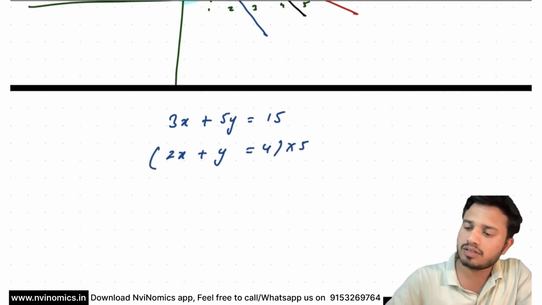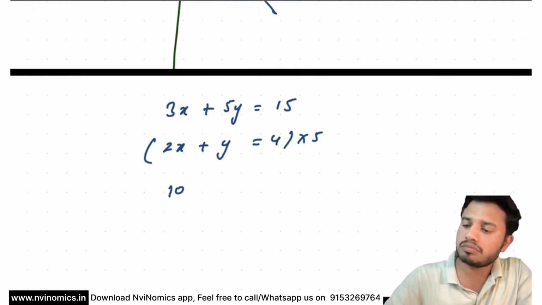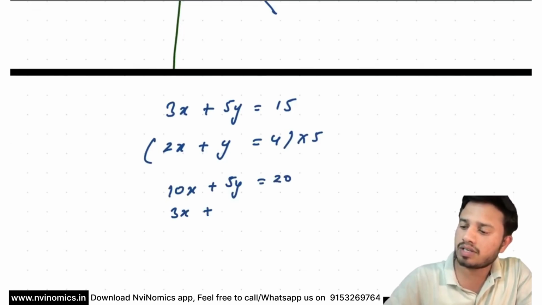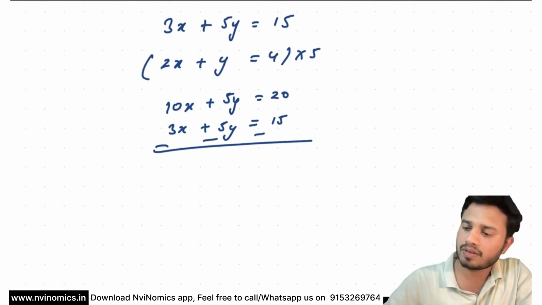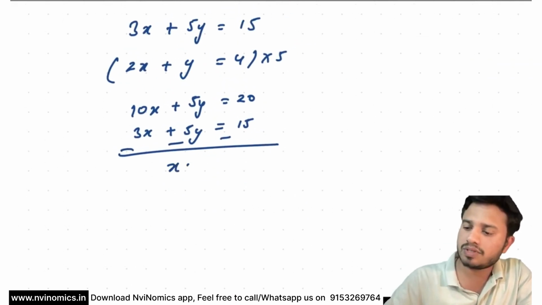You will get 10x plus 5y equals to 20, and the above one is 3x plus 5y equals to 15, and then subtract both. You will get x equals to 5 by 7.